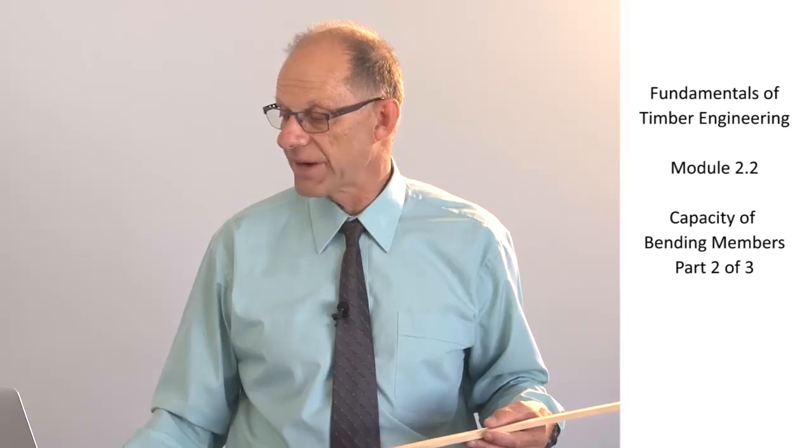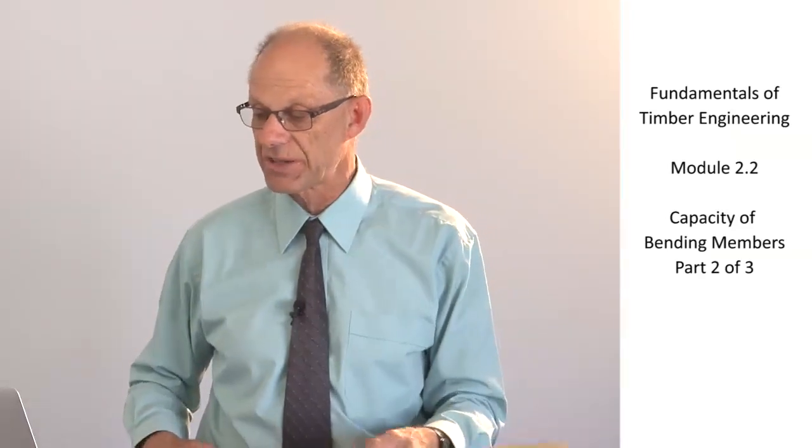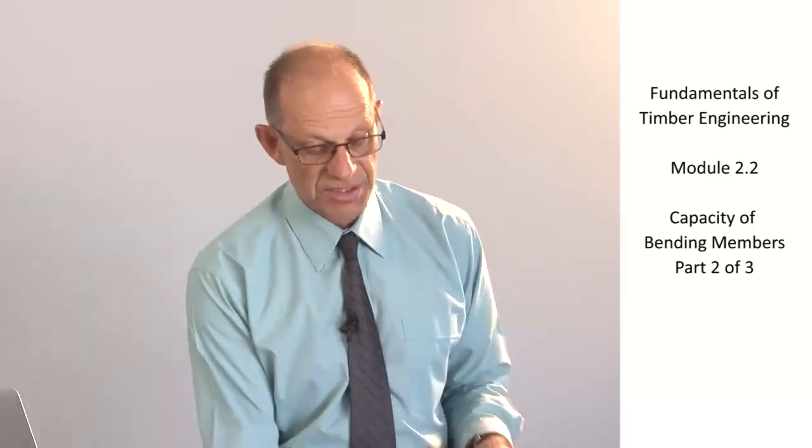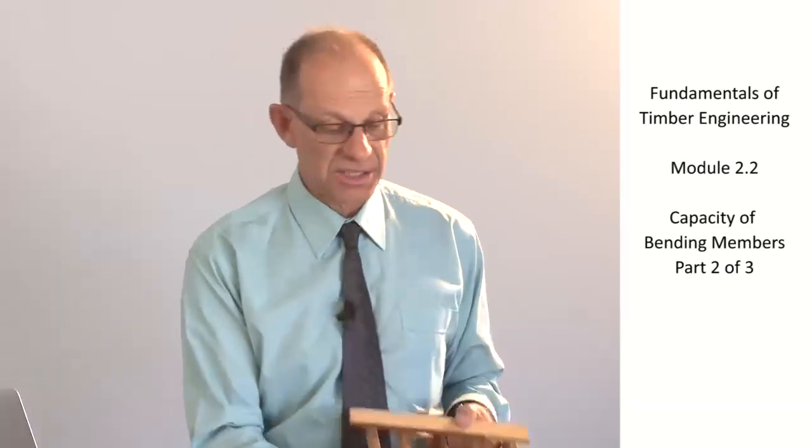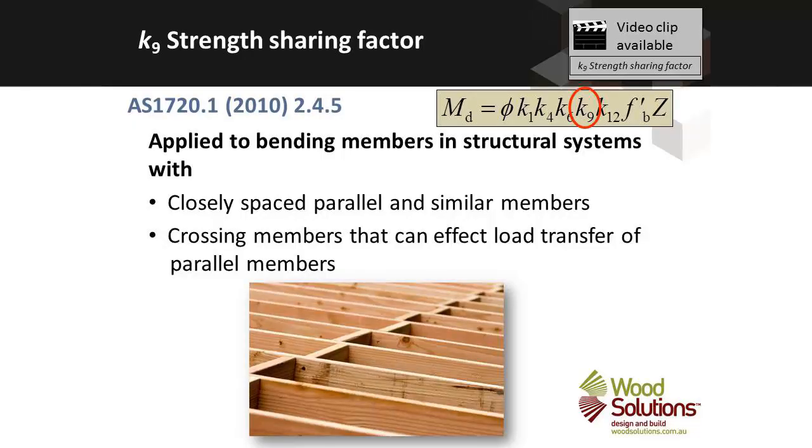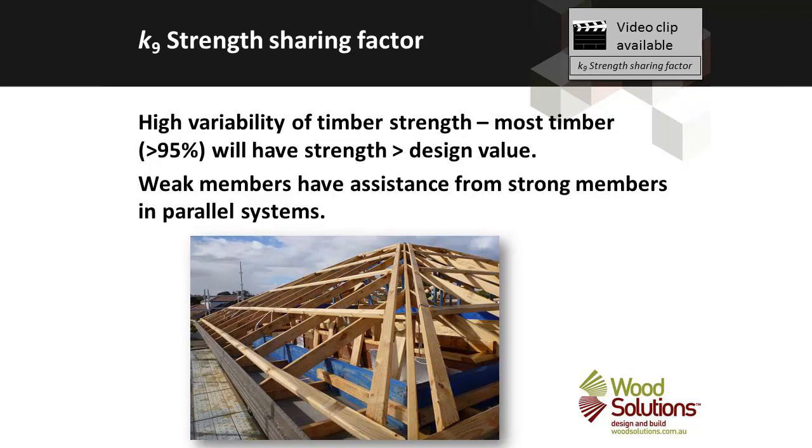Now the K9 factor is a strength sharing factor, and there is a video that illustrates that with this model of a timber floor. However, the strength sharing factor simply looks at the way in which strength is shared by parallel bending members. And it looks at 2 different systems of parallel bending members.